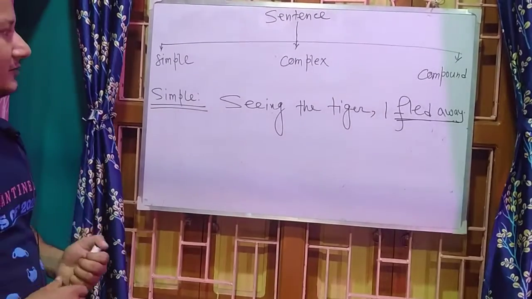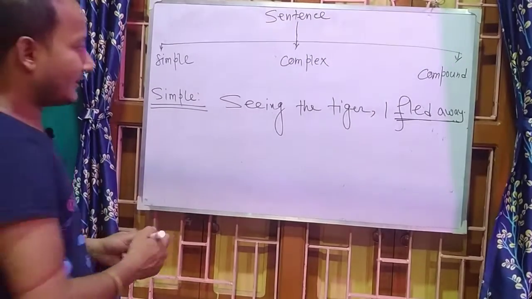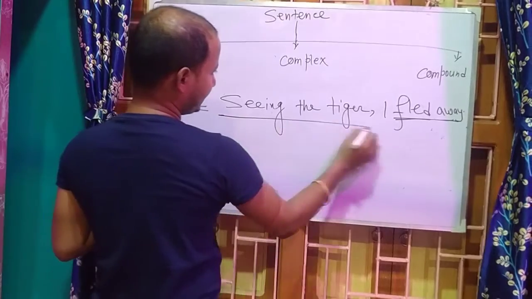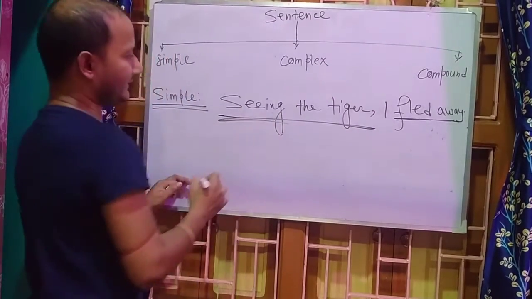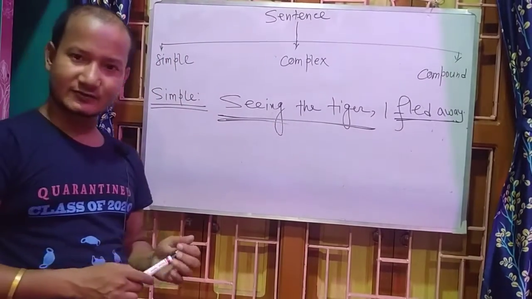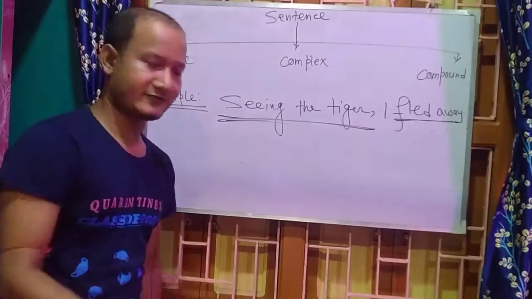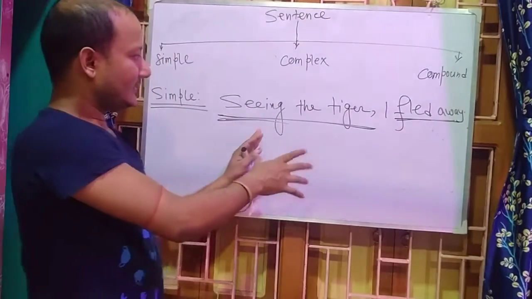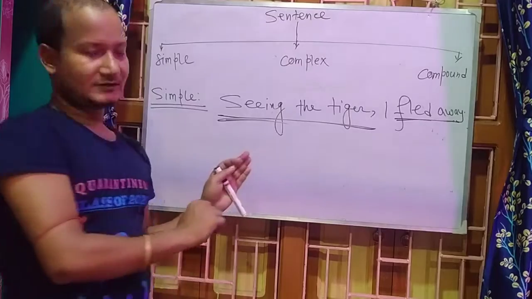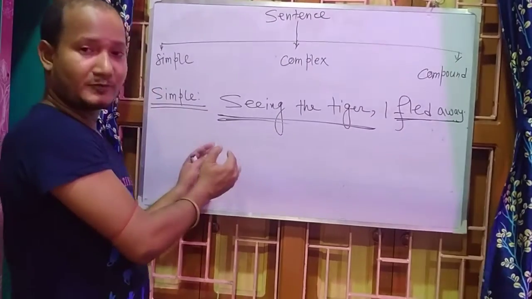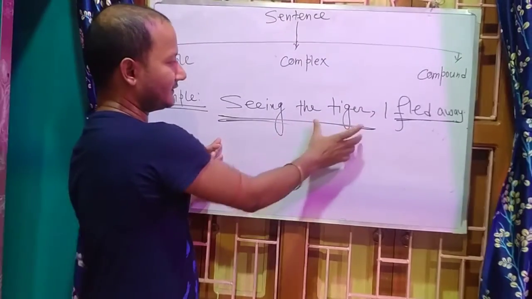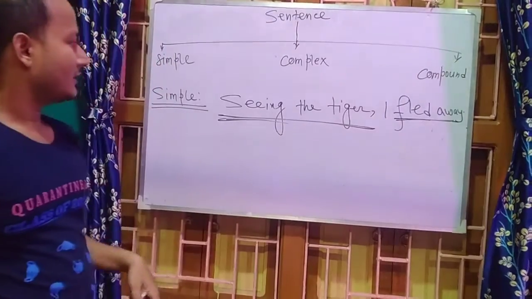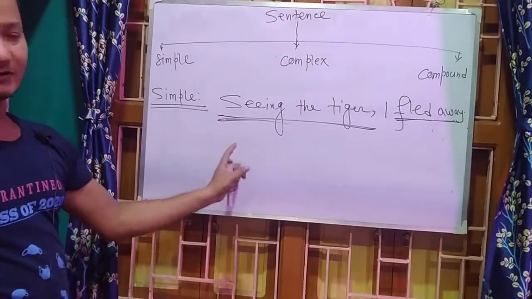But seeing the tiger means as soon as I saw the tiger, I fled away. This part cannot complete the sense of the sentence, so this is called the non-finite verb.